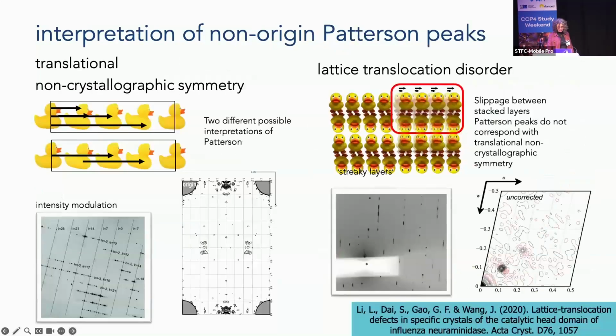But it's not quite that simple, because when you see these Patterson peaks, they usually can be interpreted in different ways. So for example, if you've got these 4 dots lined up, the simplest interpretation is that they're vectors of length 1/4, 2/4, 3/4, and so on, that you will see in your Patterson.